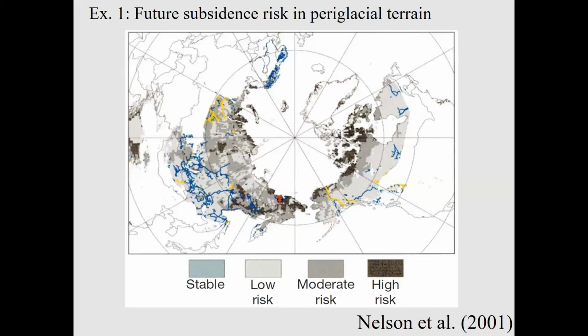And so it's using that fairly simple threshold shift combined with input from Earth system models to make predictions about the relative levels of degradation that might be expected and the risk associated with that permafrost degradation.